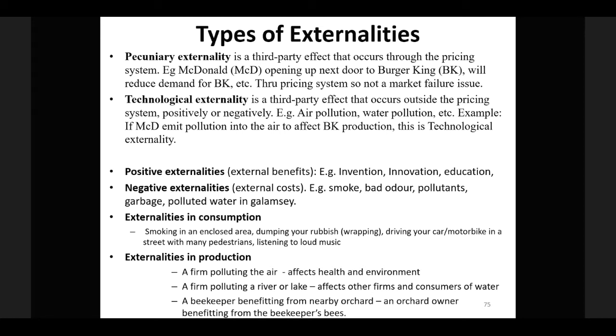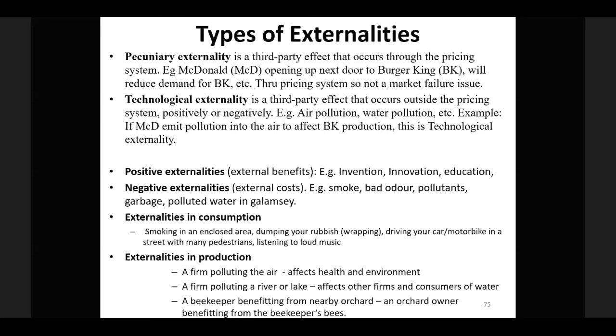And in this case, because it is the competition over price that will cause one to suffer from the externality, we refer to this as a pecuniary externality. And when pecuniary externality is concerned, we don't consider it to be typically a market failure situation, because in this case, the effect passes through the market mechanism in terms of price adjustment or price differences.